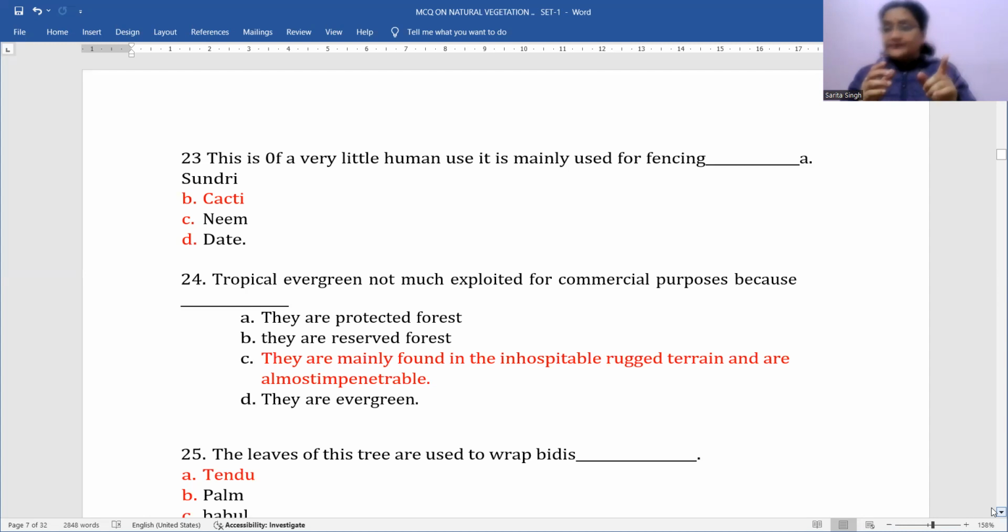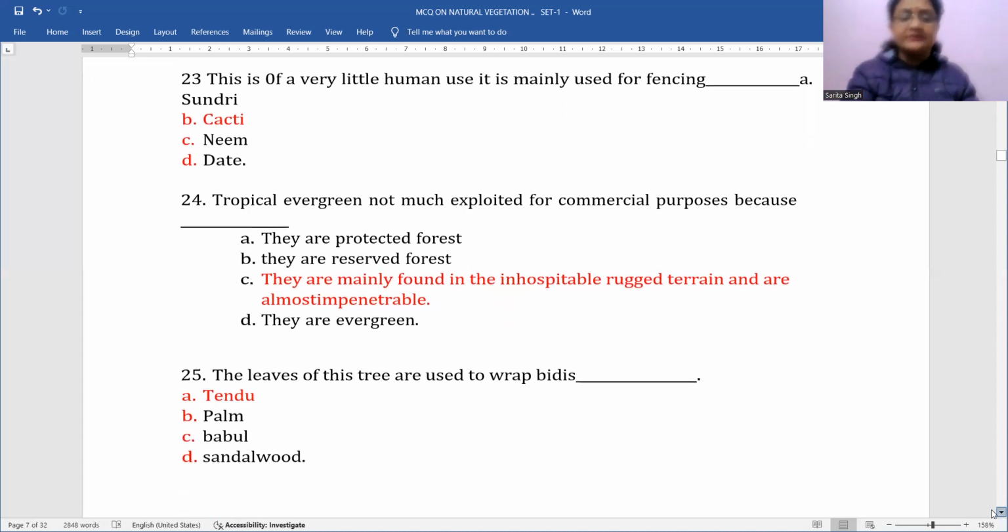Because it is not same anywhere. So this is one big reason why the tropical evergreen forest, these are actually, you can say, not much commercially exploited. Okay, but on the other hand, deciduous forest जो है बच्चों, वो सबसे ज़्यादा commercially exploited vegetation है.